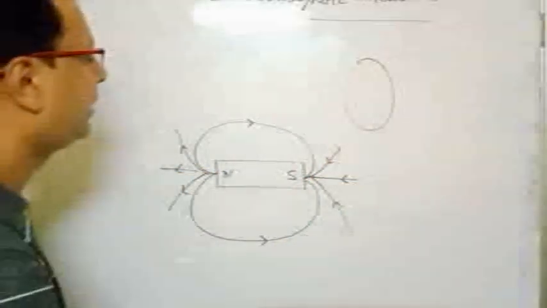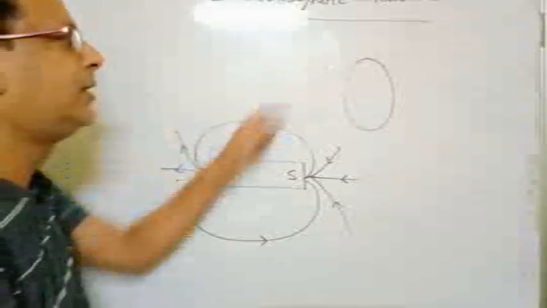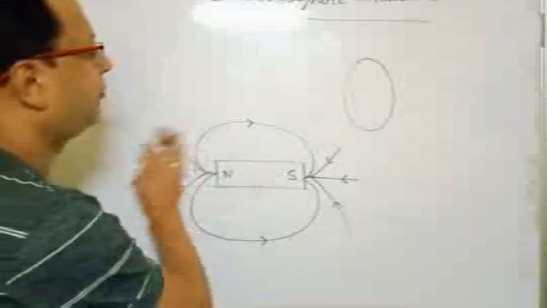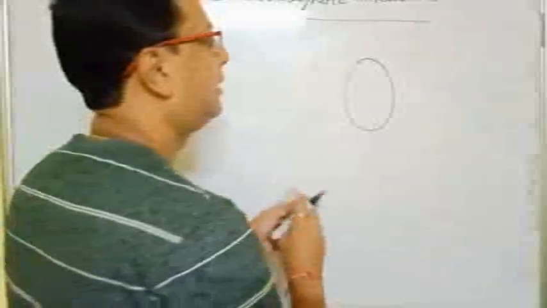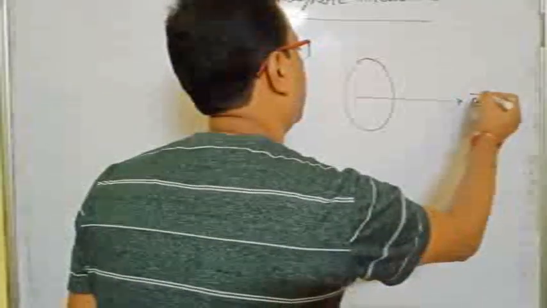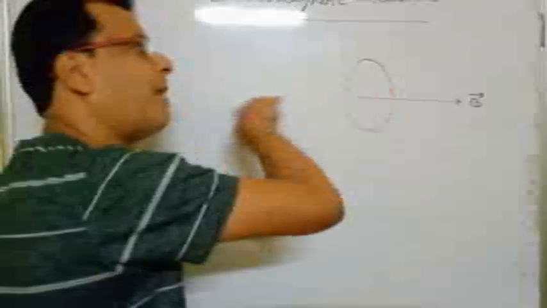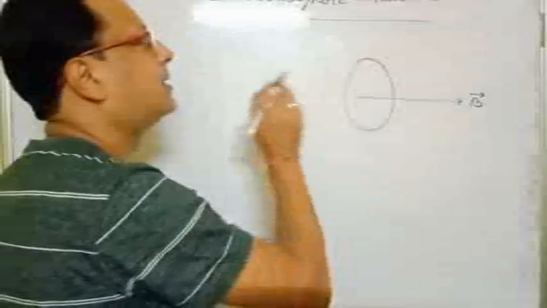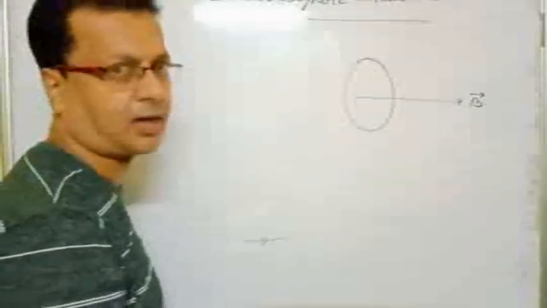Now, if we hold a magnet in front of an area, the magnetic lines of force will pass through this area. So the number of magnetic lines of force passing through this given area is called magnetic flux.